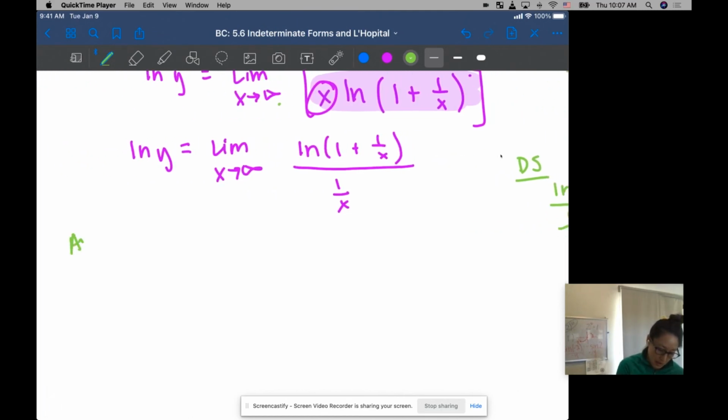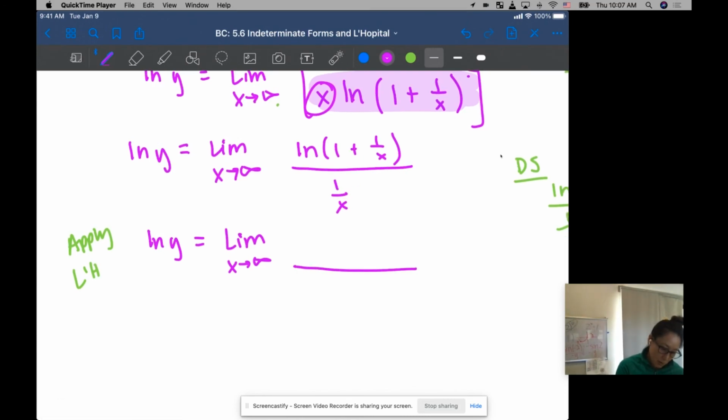So I'm going to take the ln of y is equal to the limit as x approaches infinity of the derivative of the numerator, which is 1 over the input of the ln, so 1 plus 1 over x, times the chain, so times negative x to the negative 2.